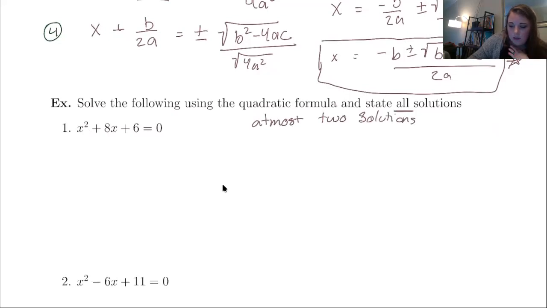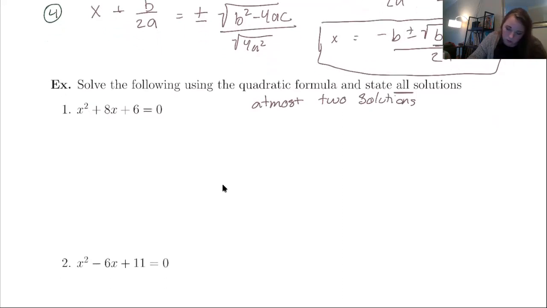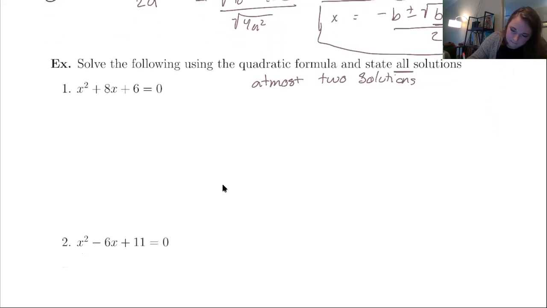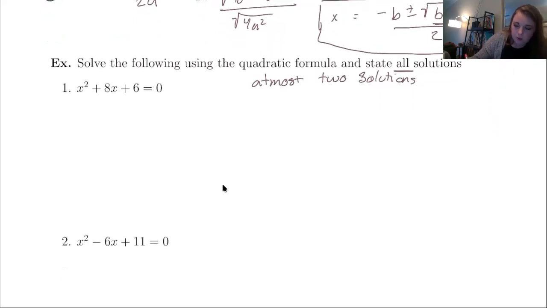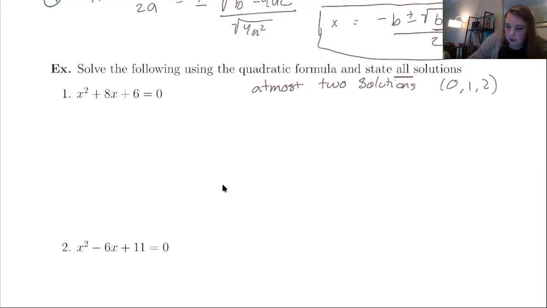Right? And we'll talk about how to figure that out with this guy under here in a little bit. So if I can have at most two, I can either have 0, 1, or 2. Alrighty. So when you're first working with your quadratic formula, it's best to write what a is, what b is, and what c is. So can anyone tell me what a, b, and c are? Or if you just want to tell me one of them, that's also fine.